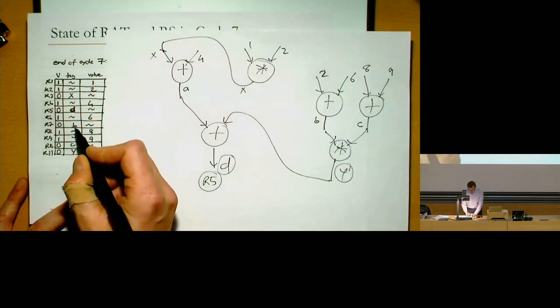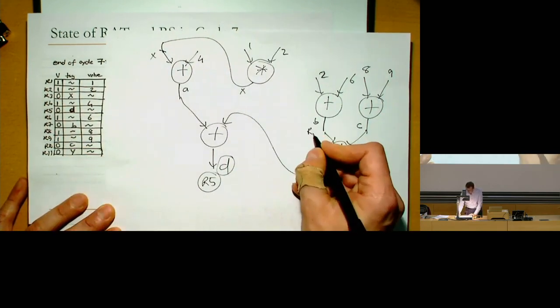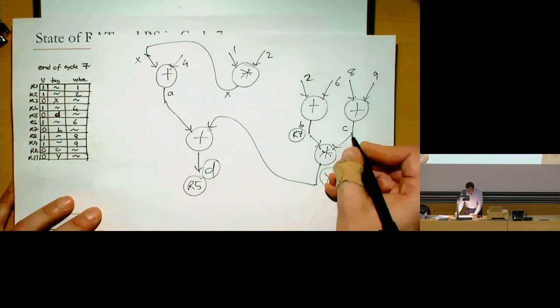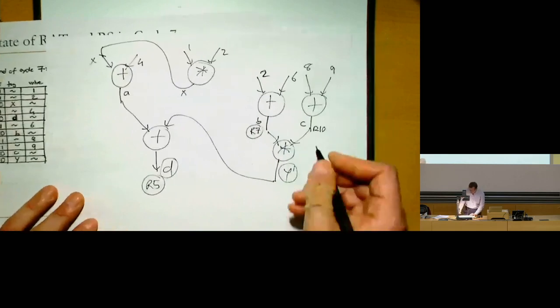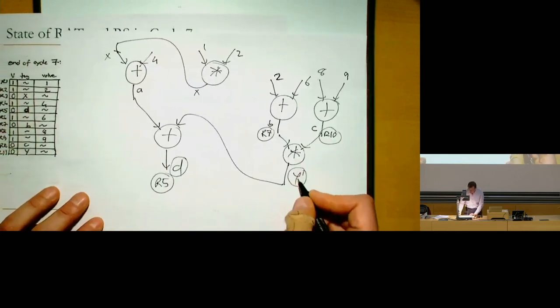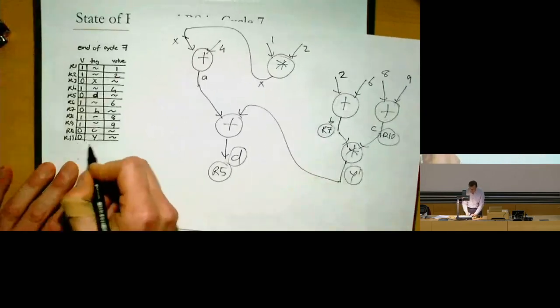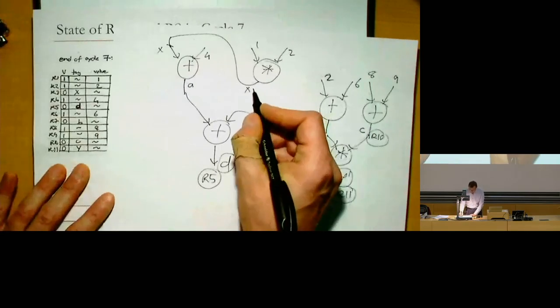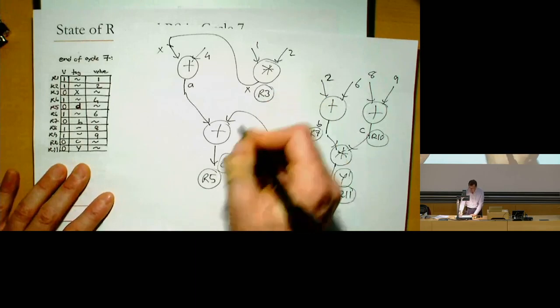B is R7. So this is R7. C is R10. So this is R10. And Y is R11. So that's R11. X is R3. So that's R3.